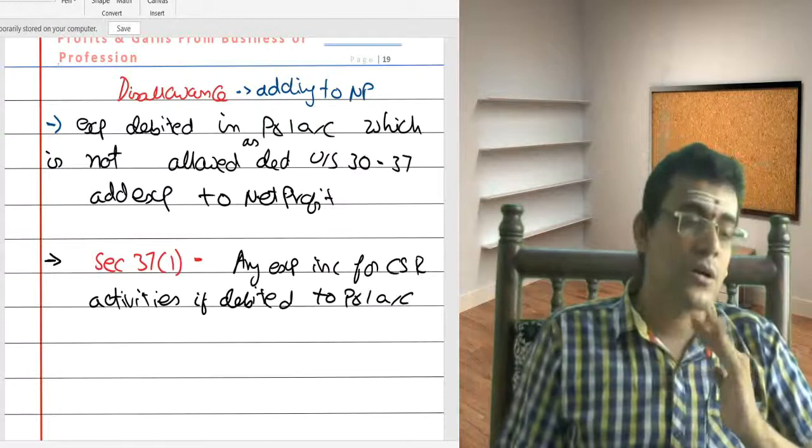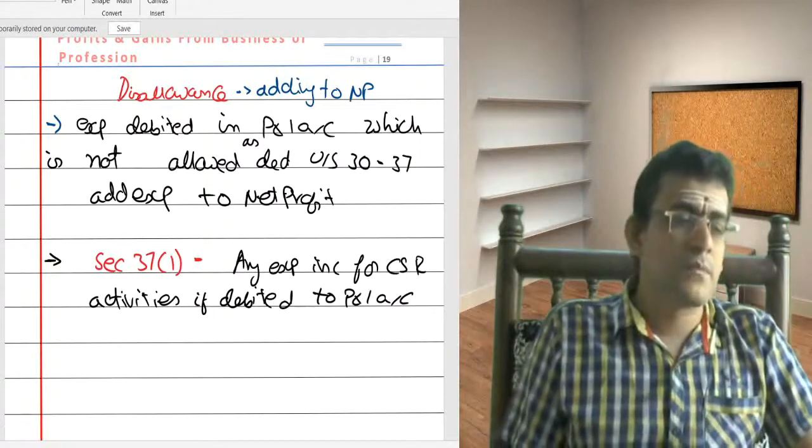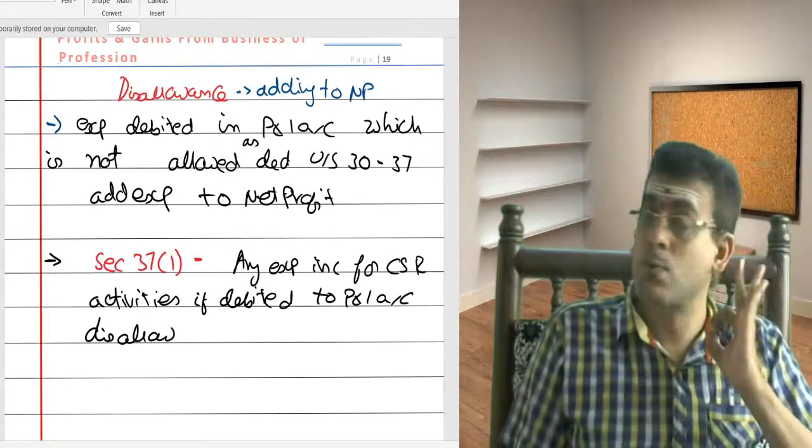Disallow. Any sort of expense incurred for CSR activity, if debited to the profit and loss account, I will disallow. That's the first one.